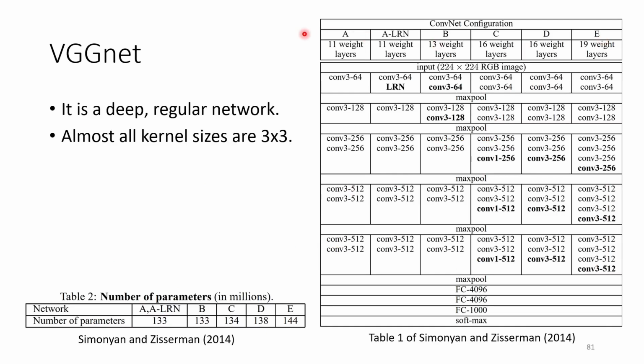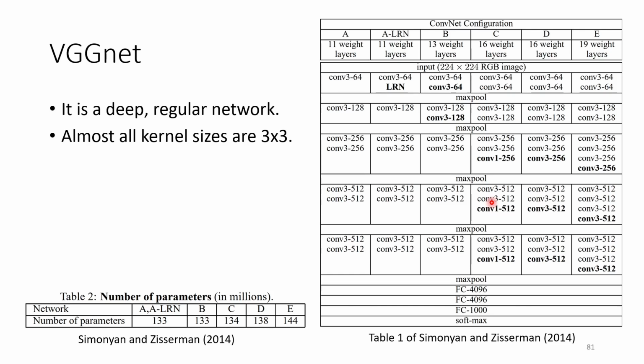And the most interesting thing is VGGNet is very, very regular. See what type of convolution kernels they use. Conv3. Except the convolution 1, you can find all of them are convolution 3. So this is another issue. Why don't they use convolution 7 and convolution 5? Why do they only focus on convolution 3?